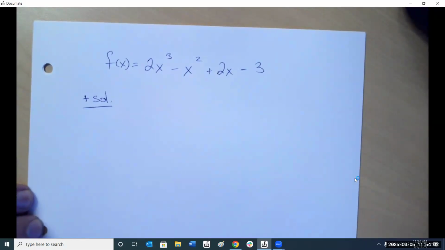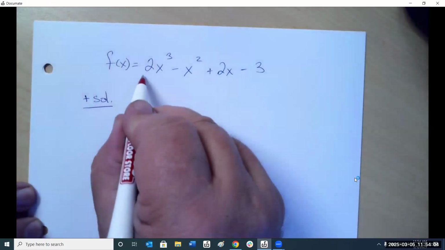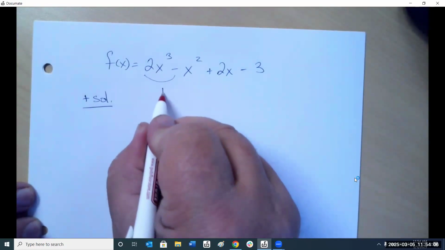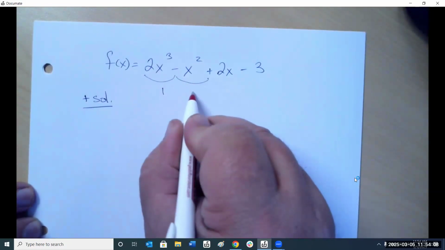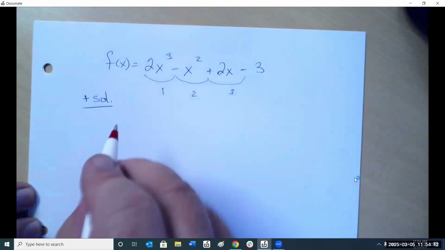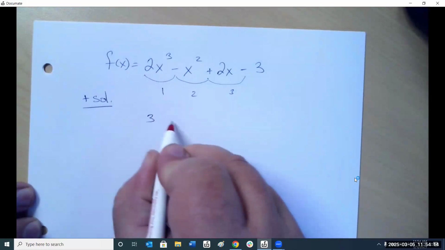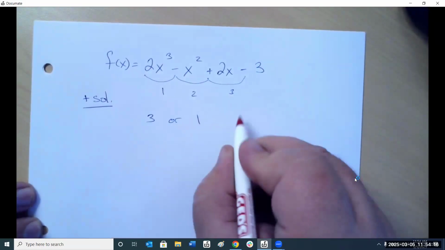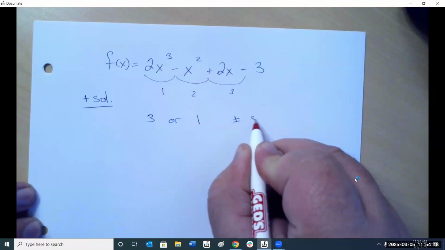For the positive solutions, how many sign changes are there? Is that a sign change? Yes. Is that a sign change? Yes. Is that a sign change? Yes. So we can have 3 or 1 positive solutions.